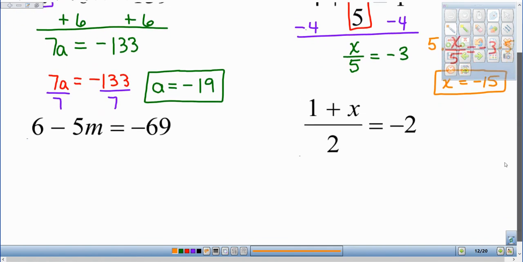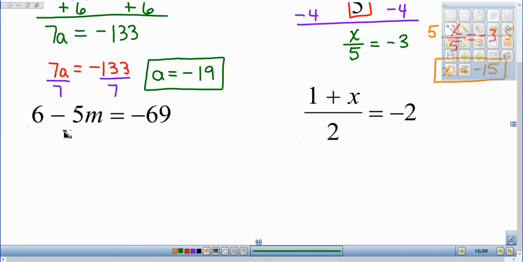Okay, we just have two more of these. My variable term on this one is negative 5m. I'm going to go ahead and group that whole thing in my mind. And then there's a 6, and it doesn't really say what is happening with that, but it's a separate term, so it's added or subtracted. In this case, we know that it's added because it's a positive 6. So how do I get rid of that positive 6 term? We subtract 6.